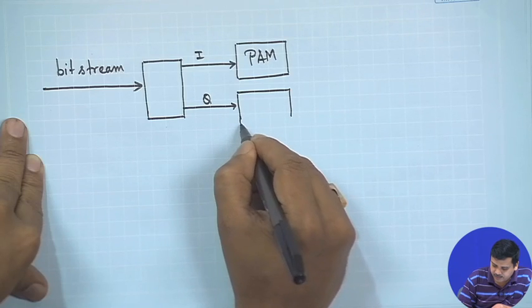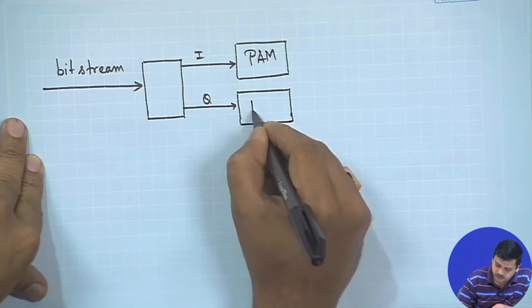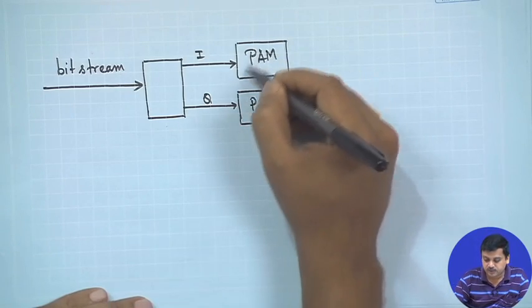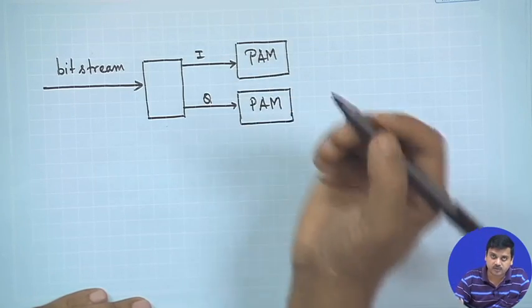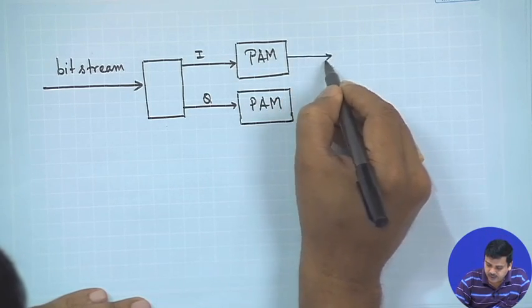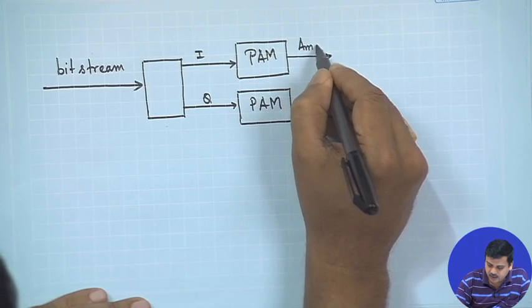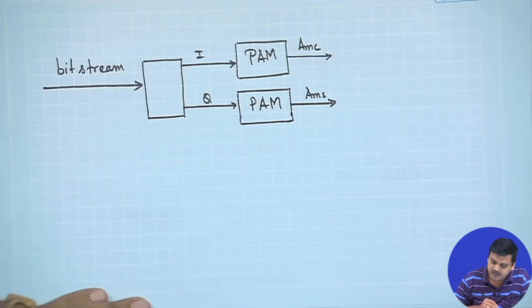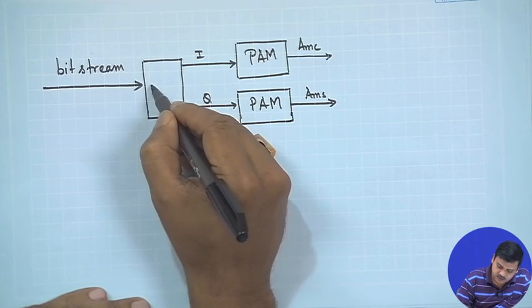So, your diagram could be drawn different depending upon the implementation. So, if you are thinking in terms of hardware implementation, you could use the same table and iterate through them. So, what you are going to get there is AMC, what you are going to get out of this is AMS, right. So, this is split.